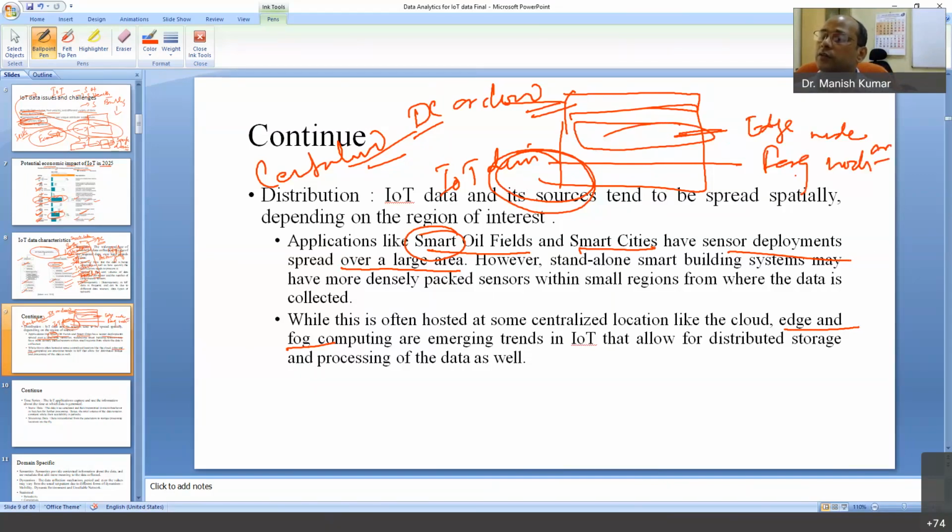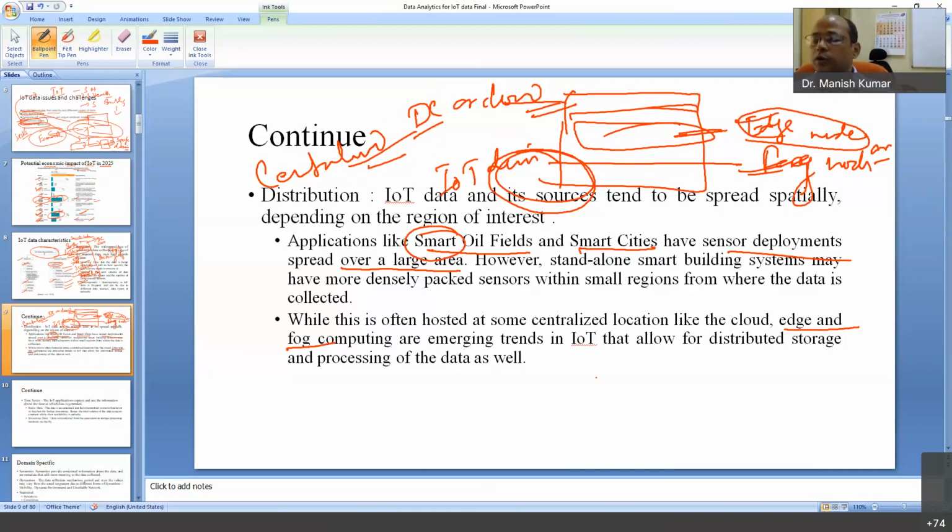Always remember that obviously fog cannot replace edge, but edge can always replace fog. Okay, so it is not necessary, depending upon the applications and environment in which you are working. Almost both have similar motivations.